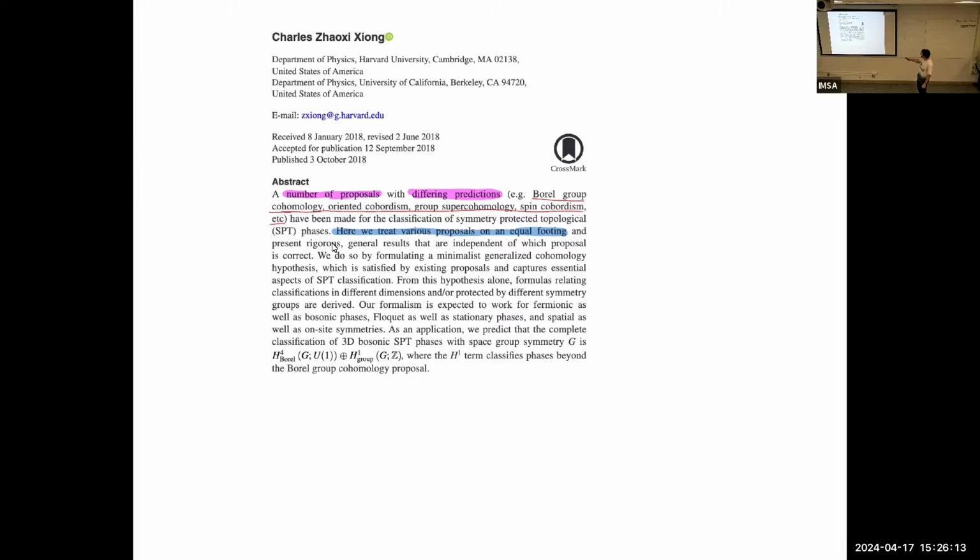I think this work is known, but maybe not that well known, by Xiong, and he tries to come up with some predictions that could be true for all possible classifications. But there's no agreement. There are different possibilities, and most of them, as far as I understand, do assume this emerging Lorentzian symmetry.